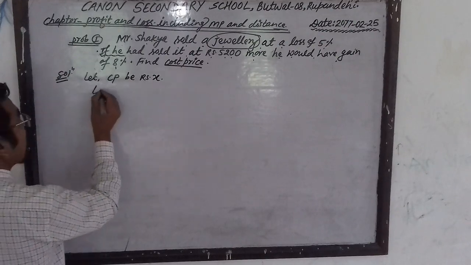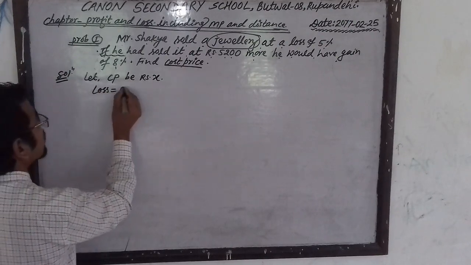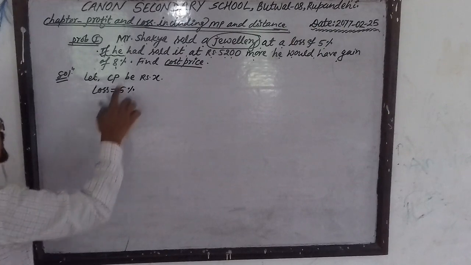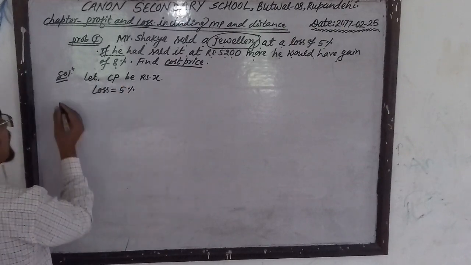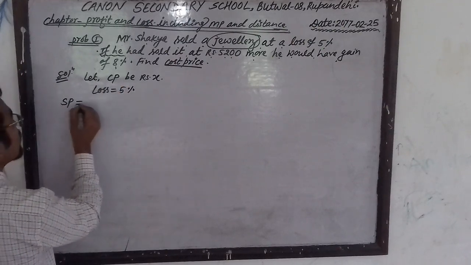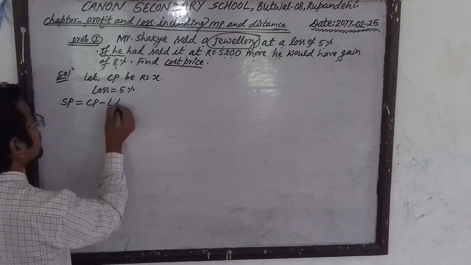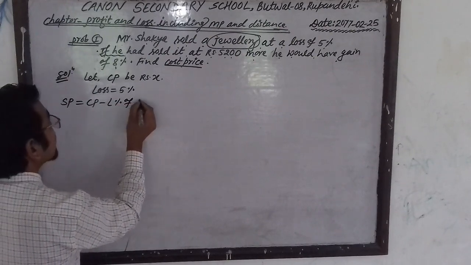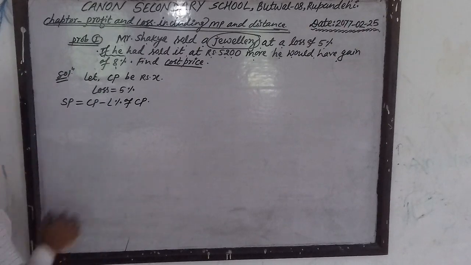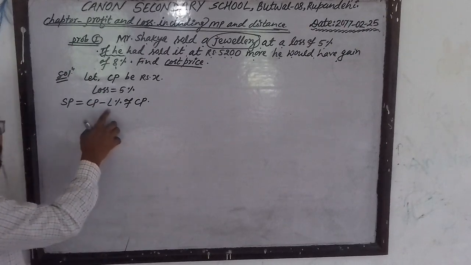There is a loss given of 5%. With CP and loss percent given, everybody knows that SP is equal to CP minus loss percent of CP. If it is profit, then we do CP plus profit percent of CP.